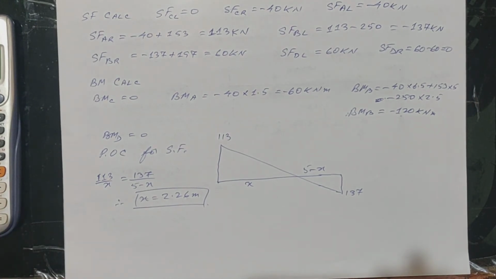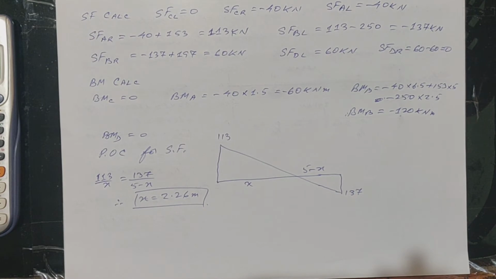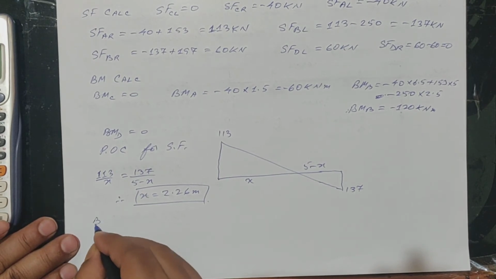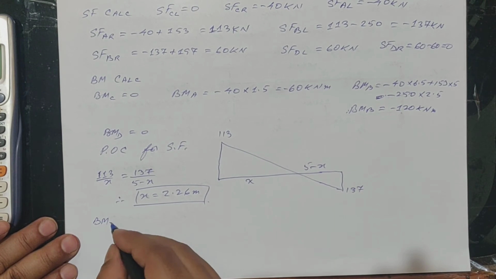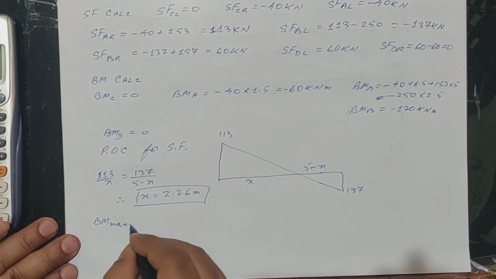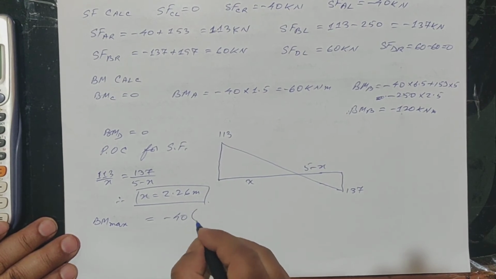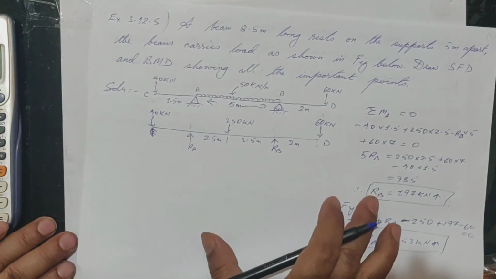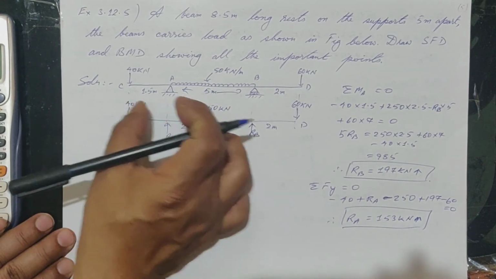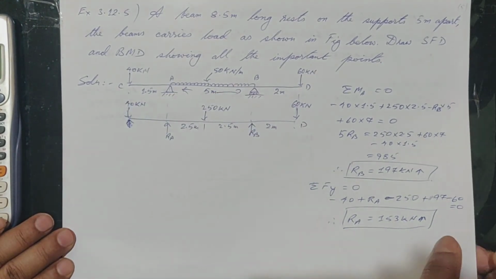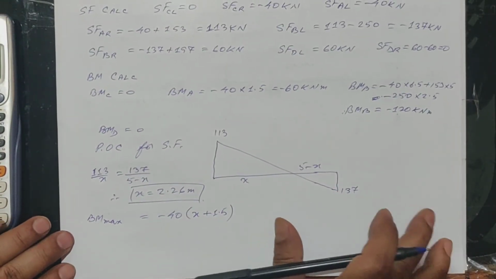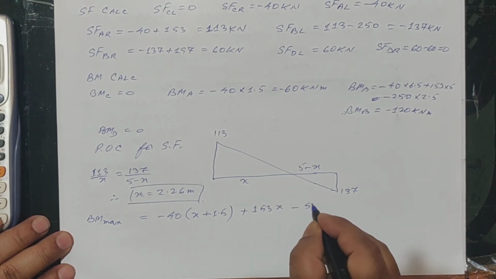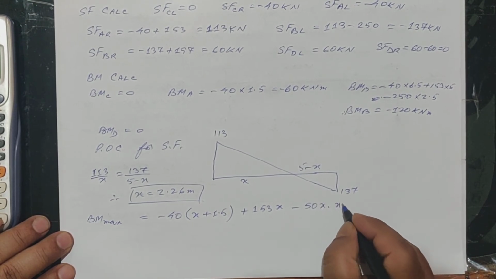Okay. Now we will find out BM maximum also. First of all, we will find out the BM equation, for max only. That is minus 40 into x plus 1.5. Why am I taking x? Suppose we are taking x here somewhere, this distance is x, plus 1.5 I am taking, plus 153 multiplied by x minus 50 into x, which is acting at x square by 2.